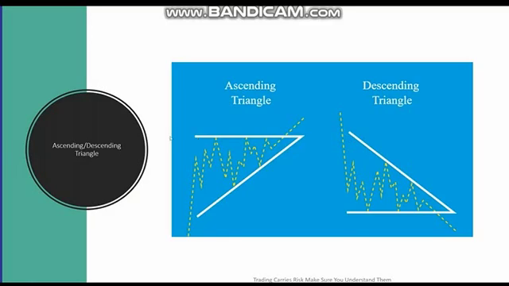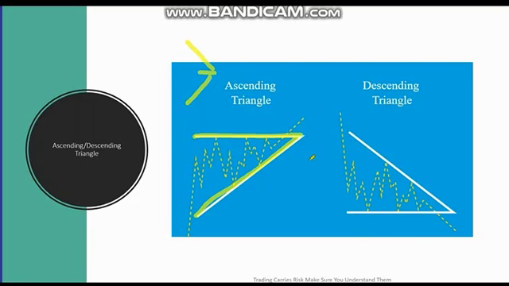The difference is between a symmetrical triangle, remember the symmetrical triangle, you had a support and resistance line both on the same angular degrees converging together. With the ascending triangle, an ascending triangle is normally found during an uptrend, and what you end up getting is an angular support line and a horizontal resistance line.